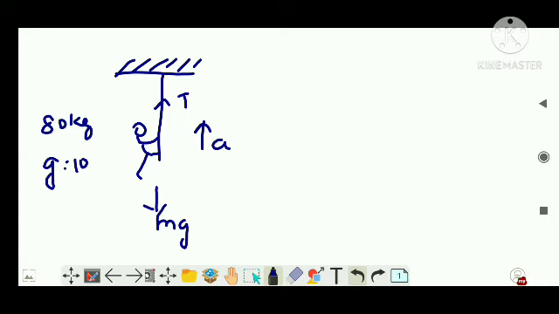What is the maximum acceleration the monkey can have so that he can safely climb up? The question is, what is the maximum possible acceleration by which the monkey can go up so that the rope will not break? That is the type of question. Maximum acceleration so that the rope doesn't break.